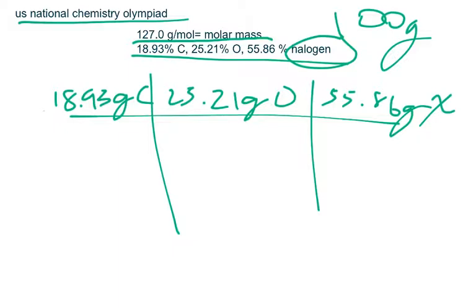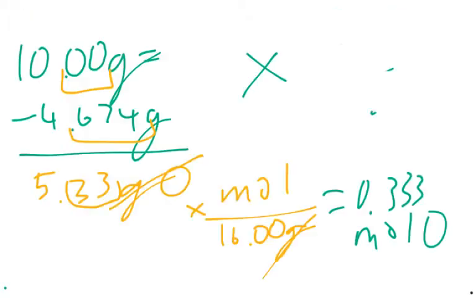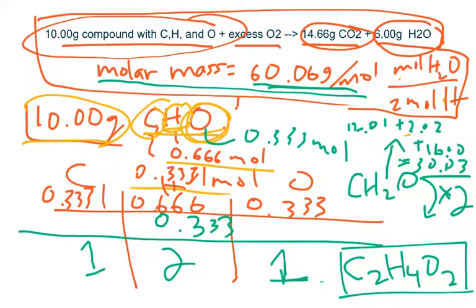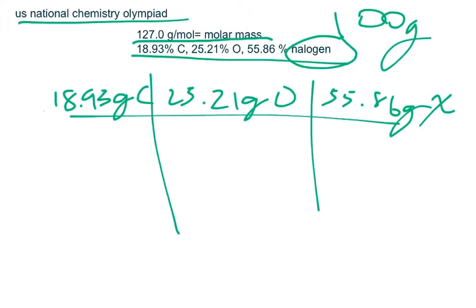So let's convert the grams of carbon to moles of carbon. So we know that the molar mass of carbon is 12.01, and I won't show you here because we've done it several times, converting between grams to moles and moles to grams. So I'm just going to tell you how many moles of carbon there are. 18.93 divided by 12.01 is simply just 1.576 moles of carbon.